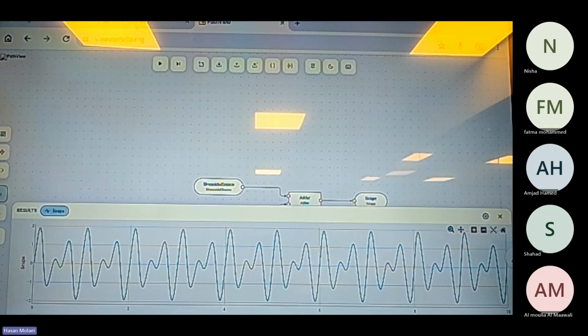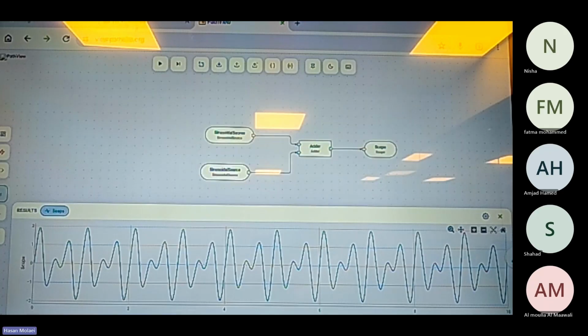What is the frequency of this signal? The frequency of the first one was 2 Hz. The second one was 3 Hz. So, what is the exact value for the frequency of this combination?